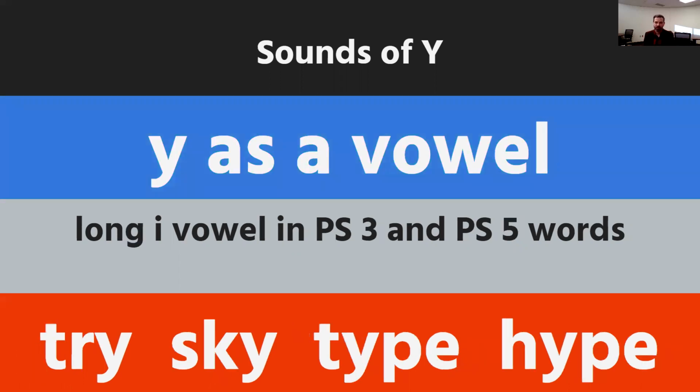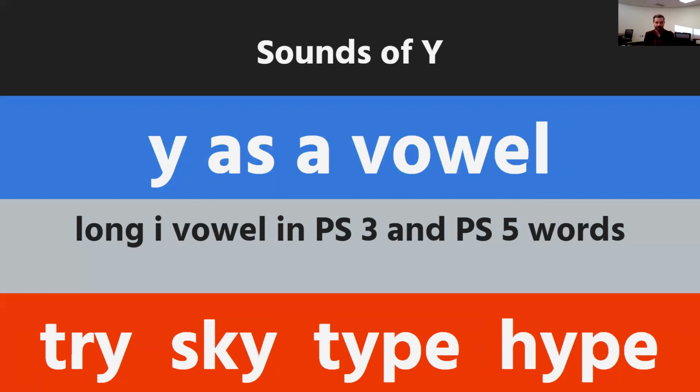Now Y can also make a long I or a long vowel sound. And this happens in phonetic skill 3 and 5 words. So for example, we see here in the word try, when Y ends the word and it is the vowel of the word, then it's going to make that long I sound.